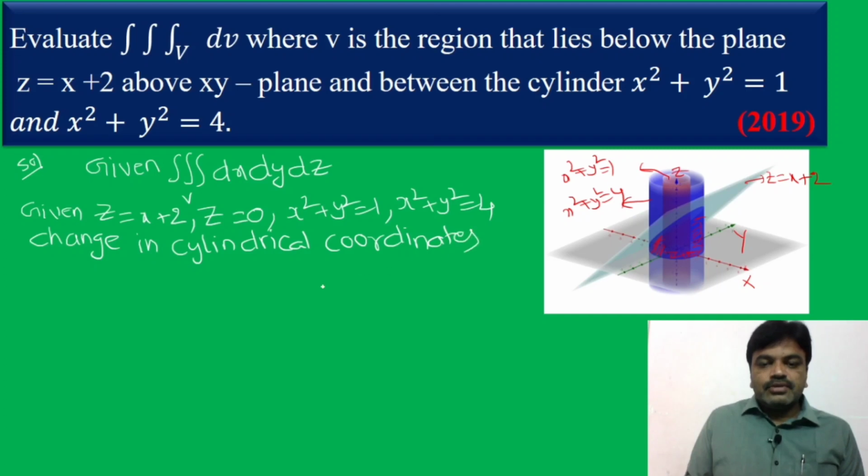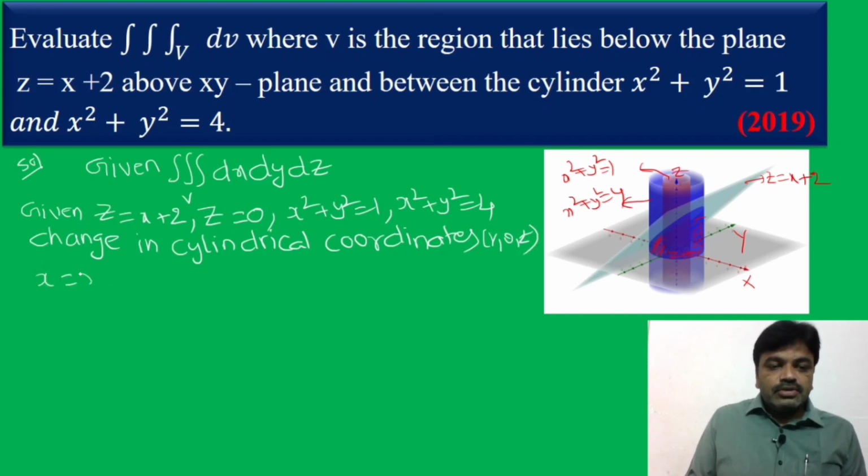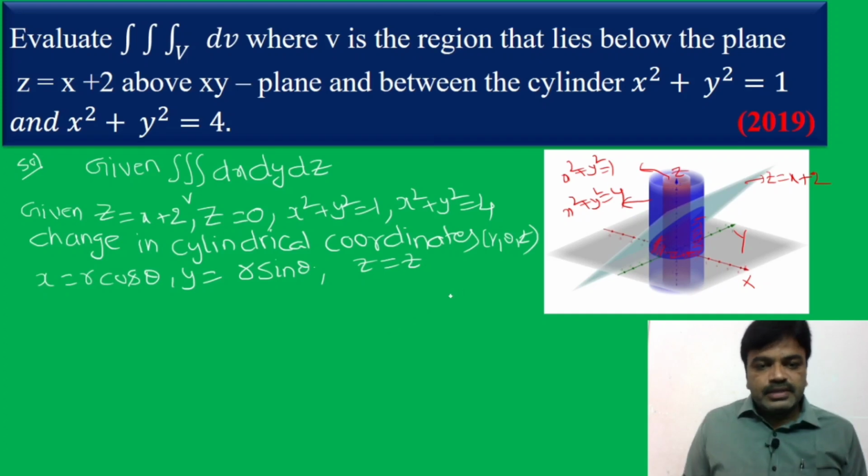What are the cylindrical coordinates? Generally we know r, theta and z. Here x equals r cos theta, of course we can take phi also, and y equals r sin theta, and z equals z.